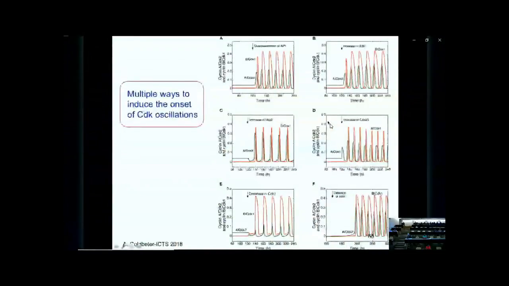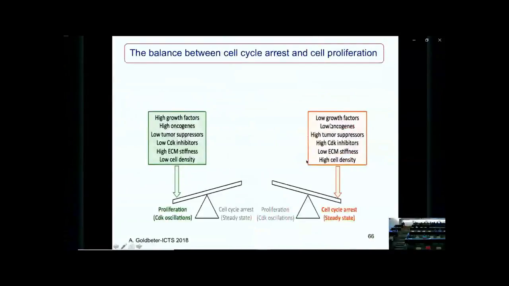So, to summarize these results in a graphical way, we can see the cell cycle as existing in two states. One is a cell cycle arrest, corresponding to a stable steady state on the right, and one of cell proliferation, corresponding to sustained CDK oscillations on the left.